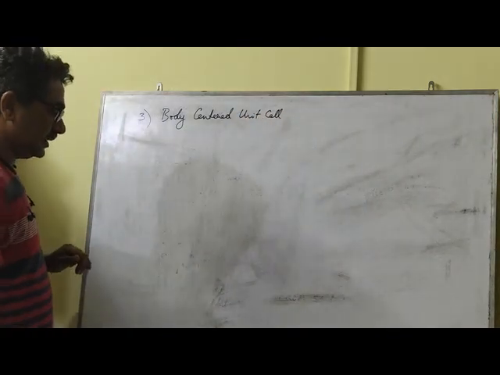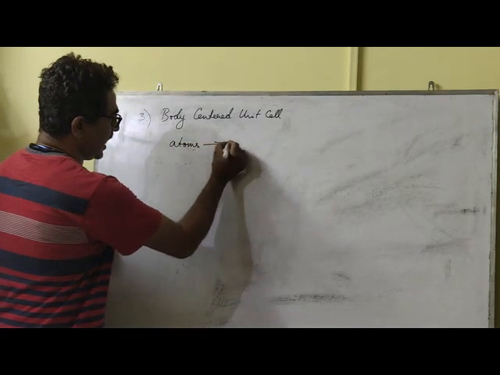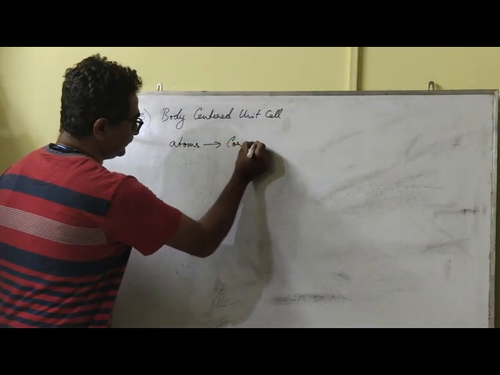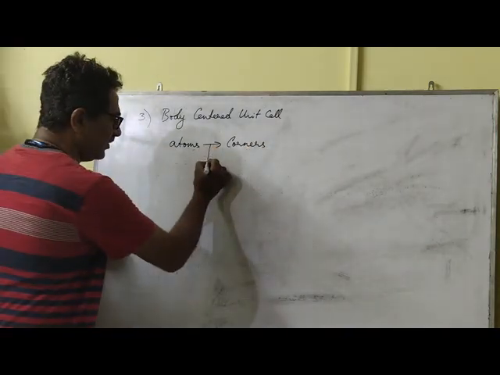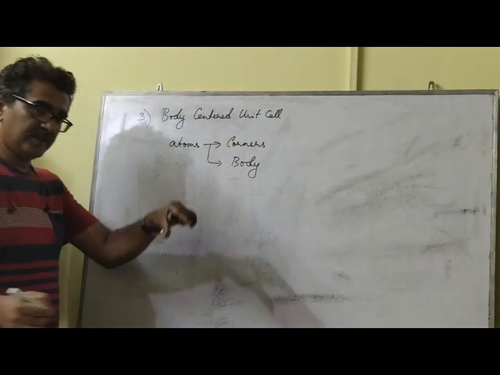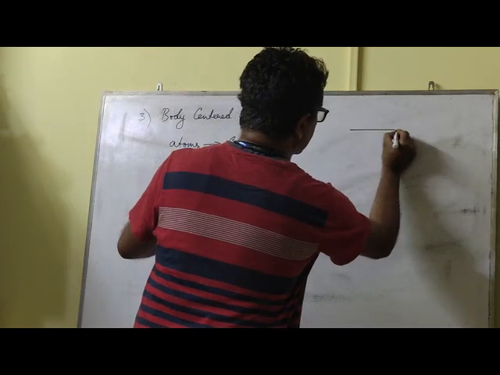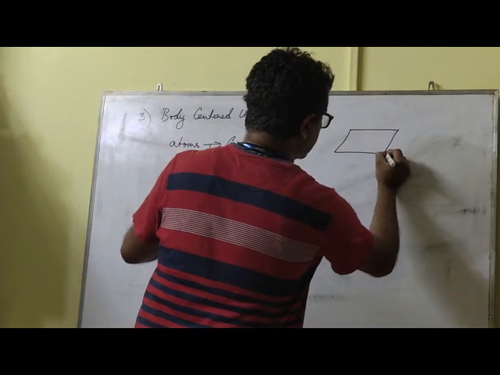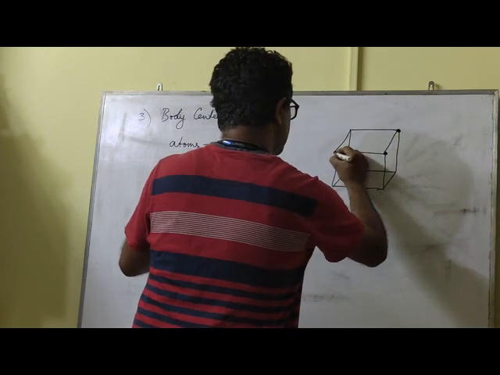Now here, what do we have? We have atoms at the corner. As usual, the 8 corners. Along with that, we also have the body. Inside the cube, we are going to place an atom. So you can imagine it to be something like this. Let me draw a cube out here. So let me draw the atoms.